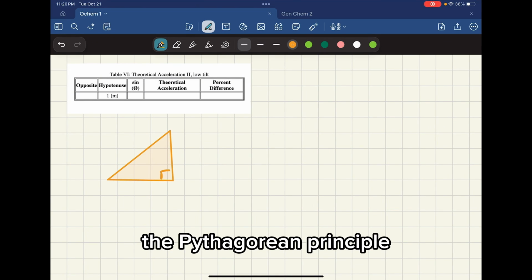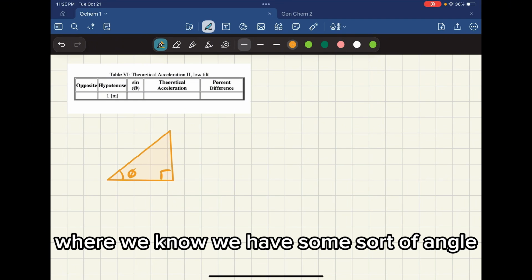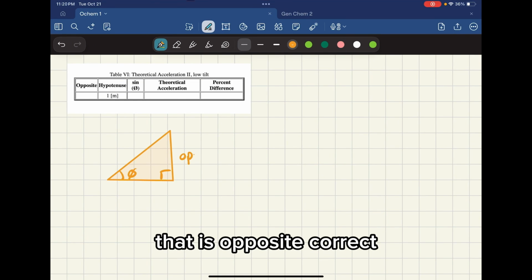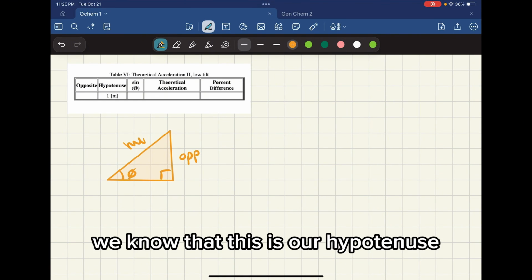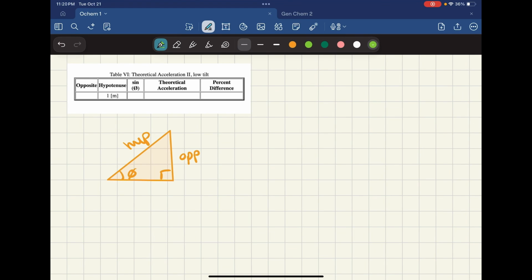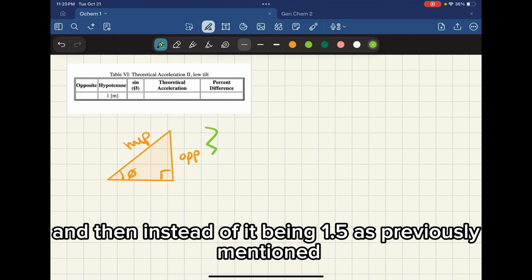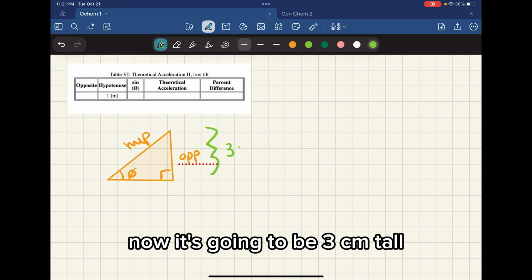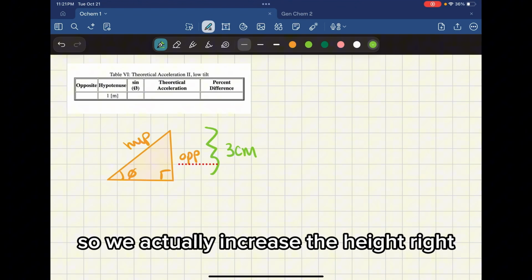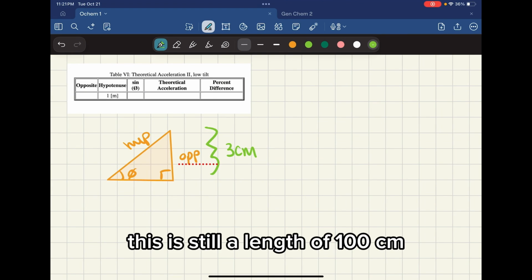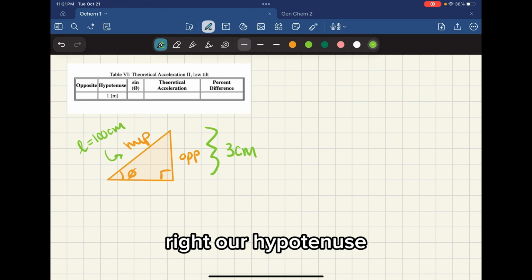The Pythagorean principle, where we know we have some sort of angle that is opposite, correct? We know that this is our hypotenuse because it's the longest side. And then instead of it being 1.5 as previously mentioned, now it's going to be 3 centimeters tall. So we actually increased the height, right? This is still a length of 100 centimeters, our hypotenuse.